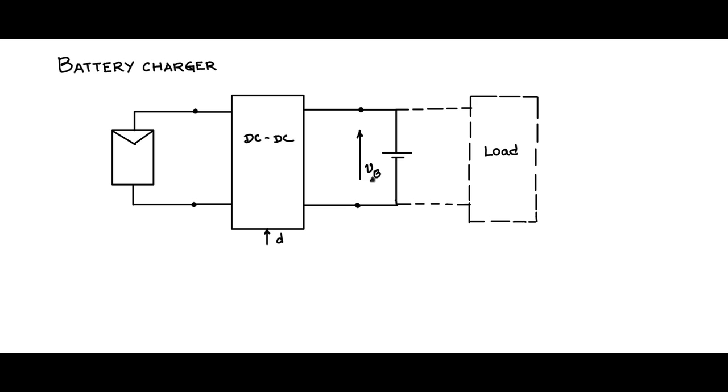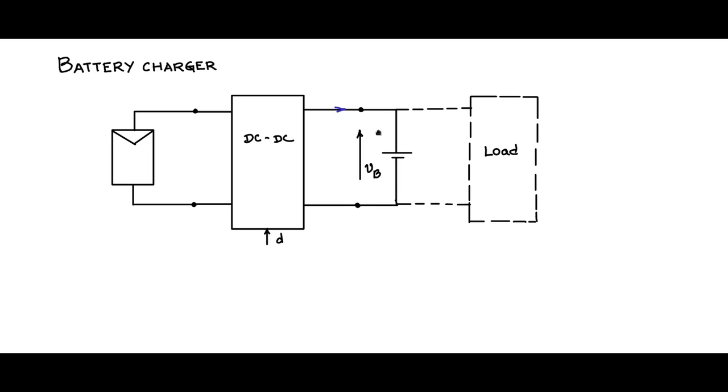PM by VB will give you IB, the current corresponding to the peak power going out of the DC-DC converter. IB can be controlled by controlling the duty cycle, because VB is fixed, and therefore power can be controlled by controlling the duty cycle. So that is the strategy that we want to adopt.